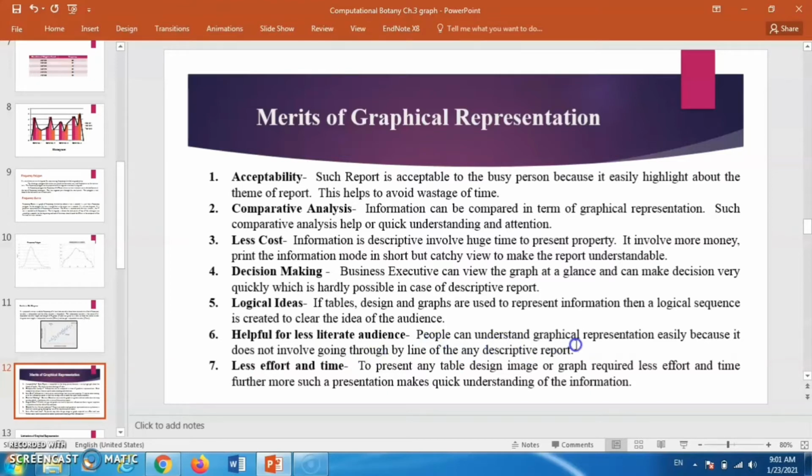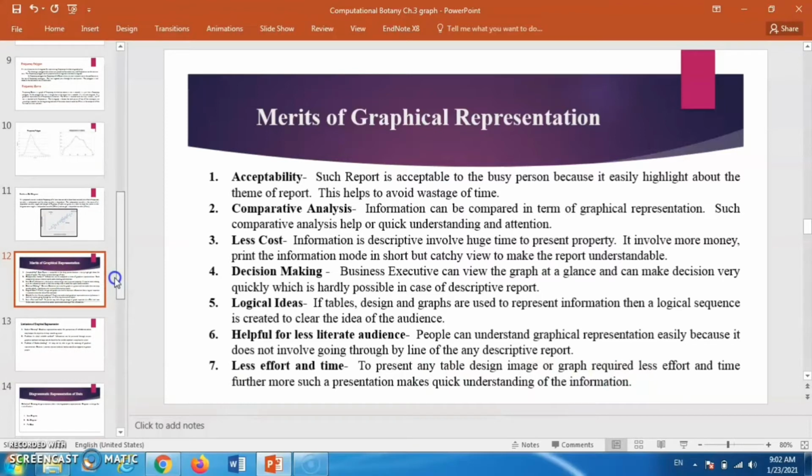People can understand graphical representation easily because it does not involve going through line by line of a descriptive report. Less effort and time. To present any table, design, image or graph requires less effort and time. Furthermore, such a presentation makes quick understanding of the information.